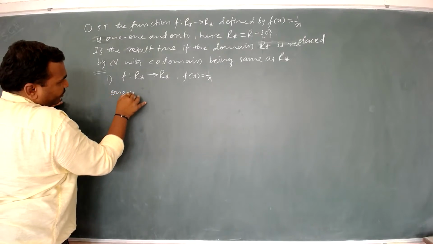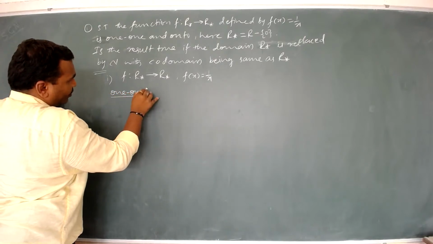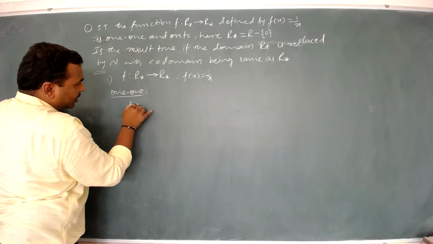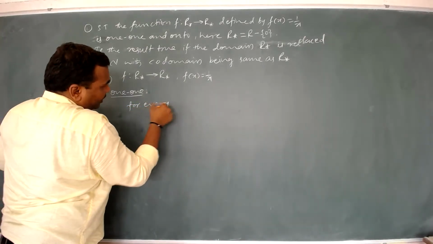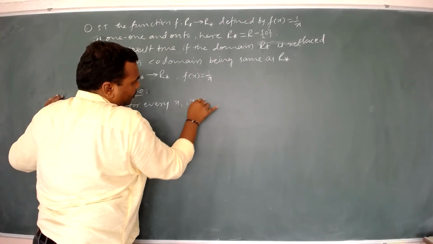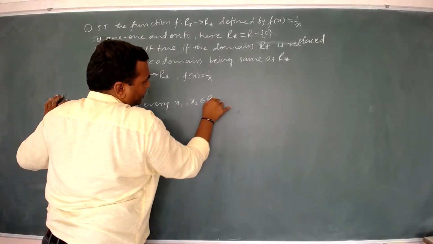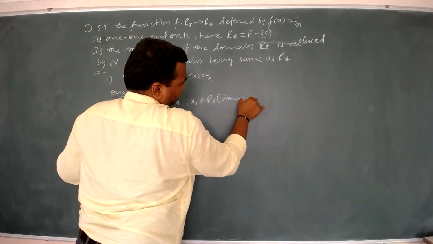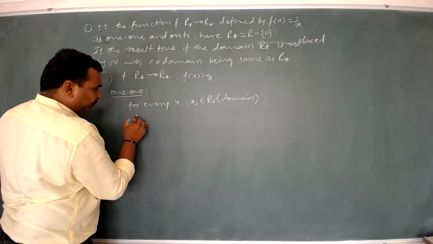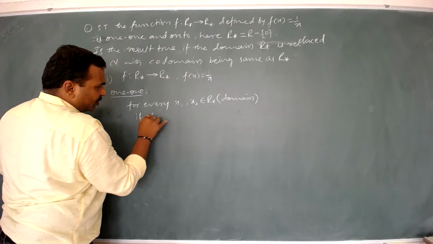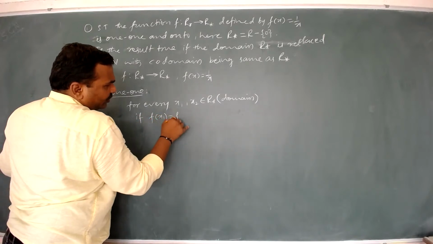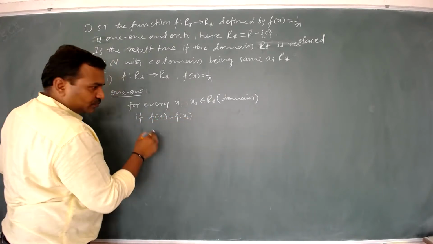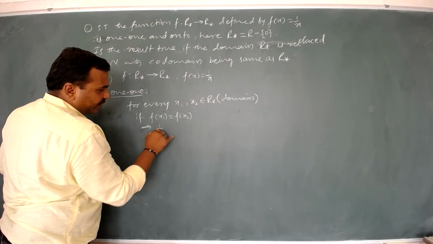One-one. For every x1, x2 belongs to R star. Here the domain is R star. If possible, f of x1 equals f of x2. What is f of x1? 1 by x1.